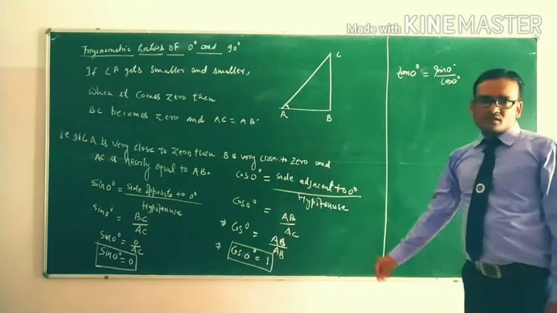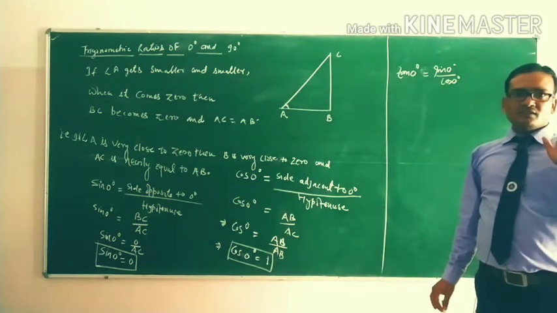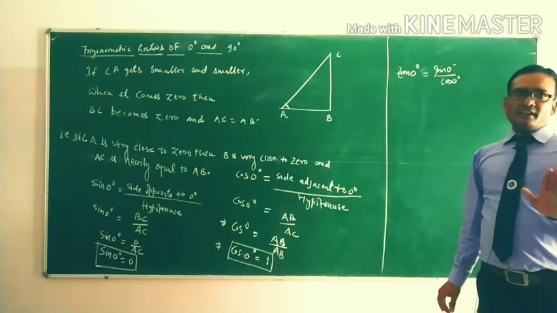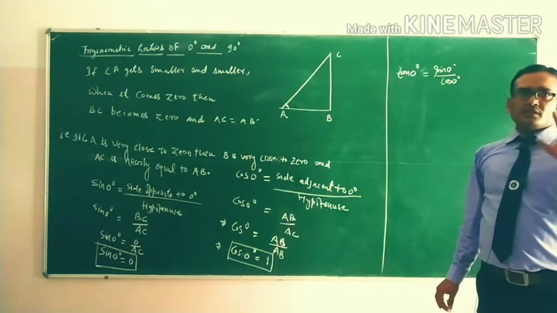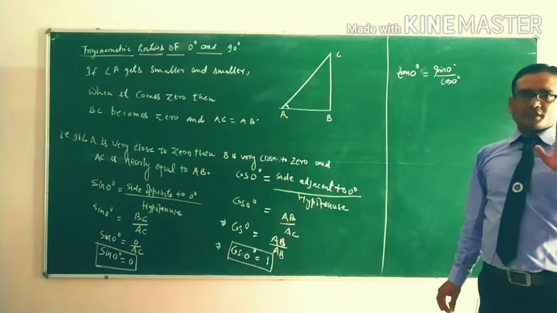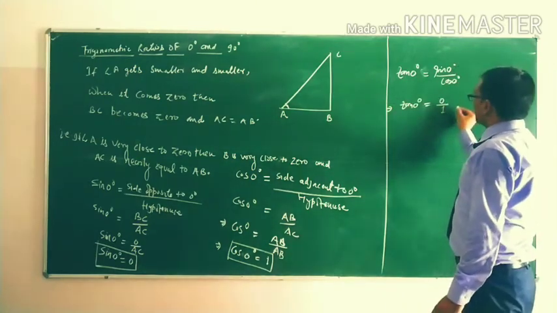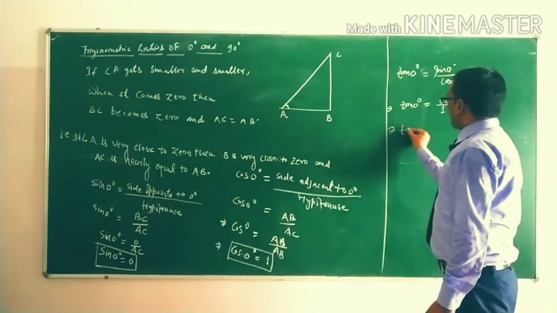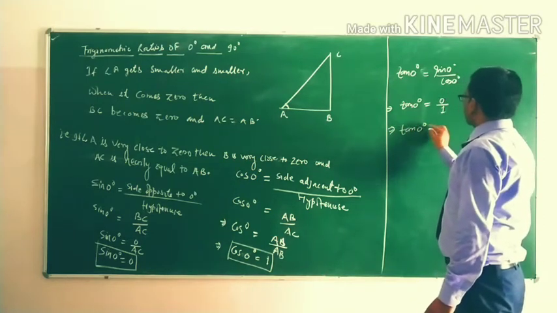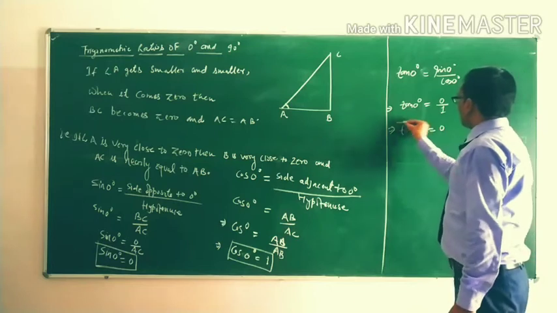Okay, you are satisfied? Tan is the ratio of sine and cos. Okay students, this gives the value tan 0 degree is 0.